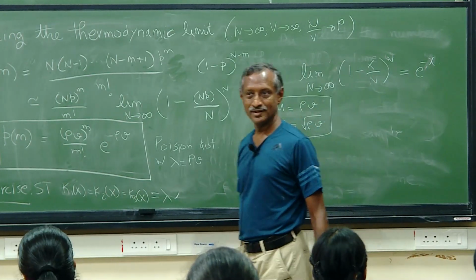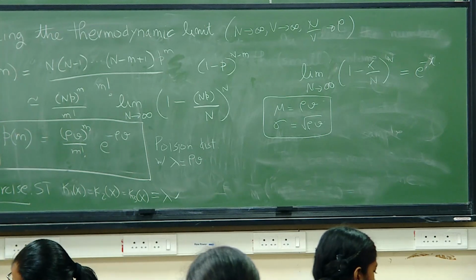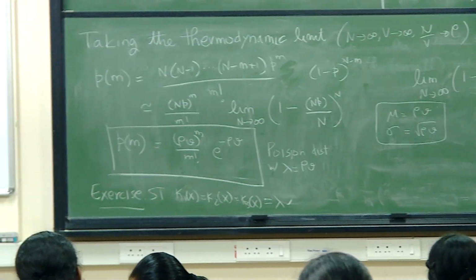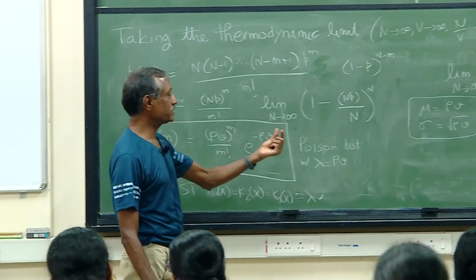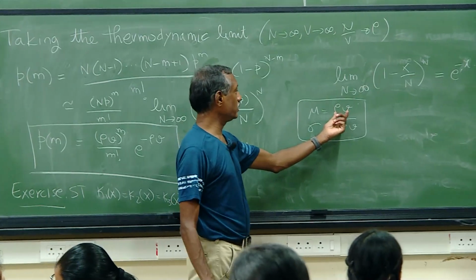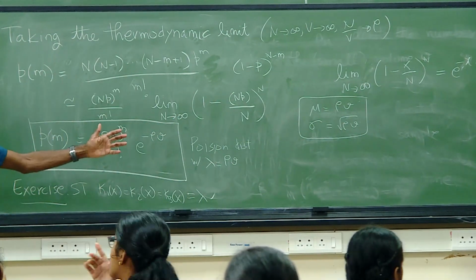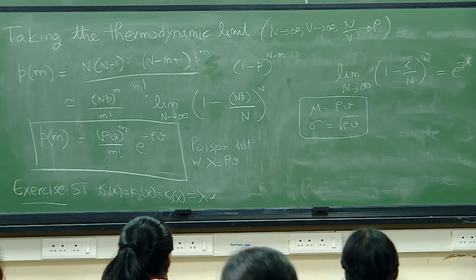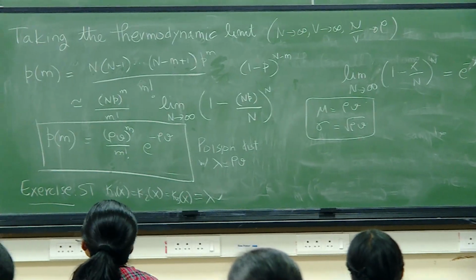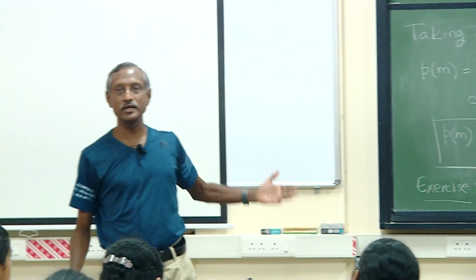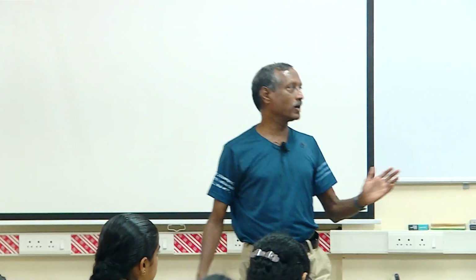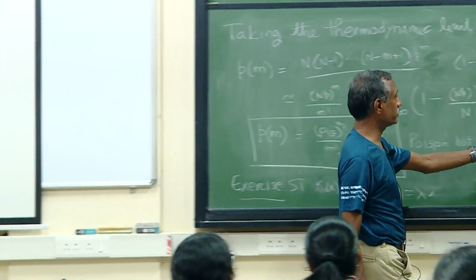Important. So the thing is that it says that the average number of particles is rho v, but the fluctuations about that will go like root rho v. So suppose you know mu is like 100, then it tells you that sigma is 10.